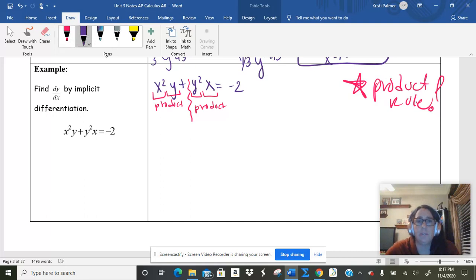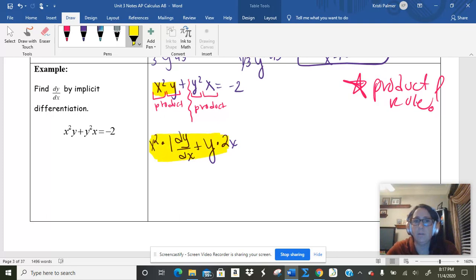All right, so this is the first times the derivative of the second, but we took the derivative of y with respect to x, plus the second times the derivative of the first, and there's just that first piece derivative. So now I'm going to say plus, the first times the derivative of the second, plus the second times the derivative of the first.